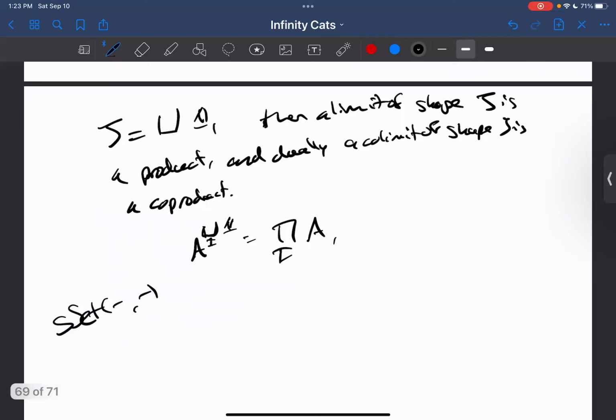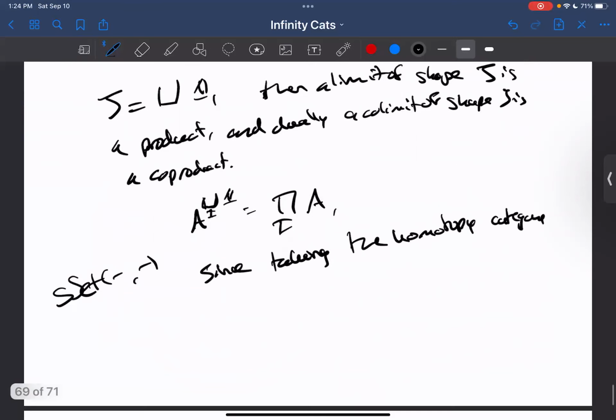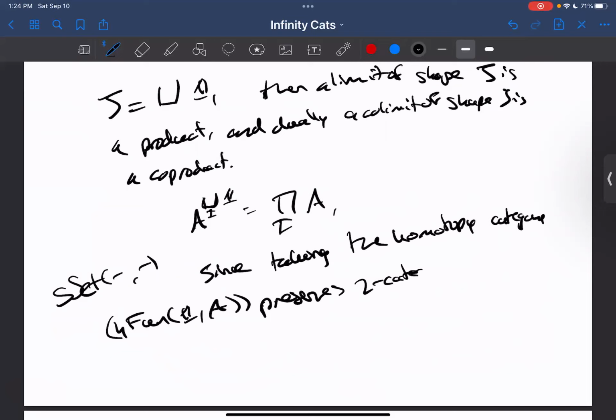And since taking the homotopy category, in the case of quasi-categories, it's clear what to do. In the case of general infinity categories, you're taking the homotopy category of the quasi-category of functors from the terminal element to A. And doing this preserves two categorical products.